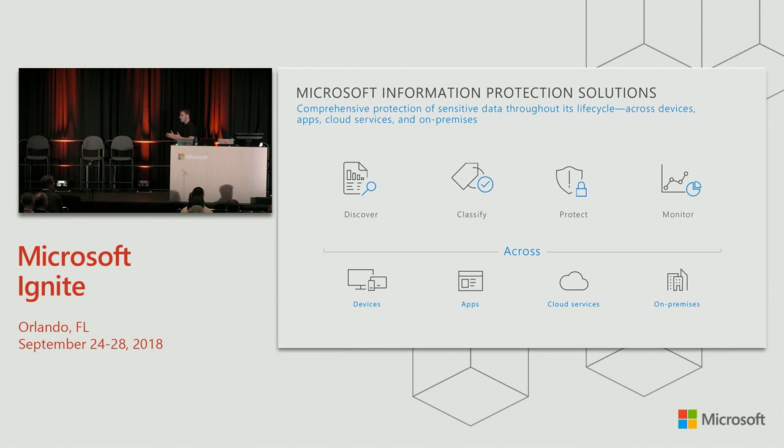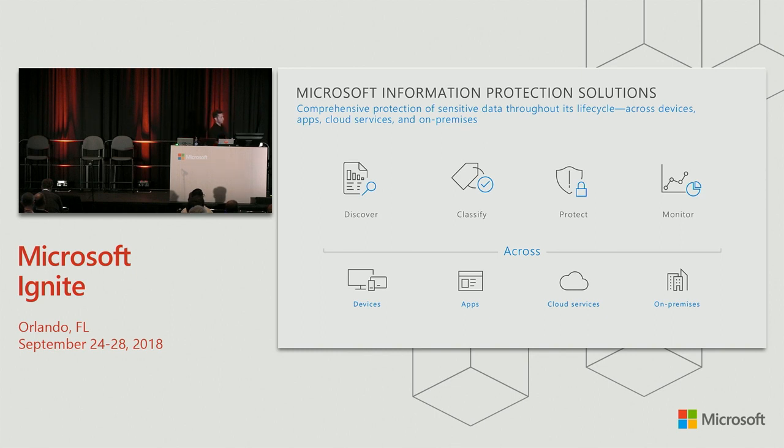And what we provide here to our customers is a solution and not just a set of different products, because we understand that there is a life cycle of the documents, the information in your organization, that starts with the ability to discover what data is being created, then to classify, to identify the risky data or the sensitive data in the organization, protecting the data, and then monitoring it. But there are multiple different surfaces to do that.